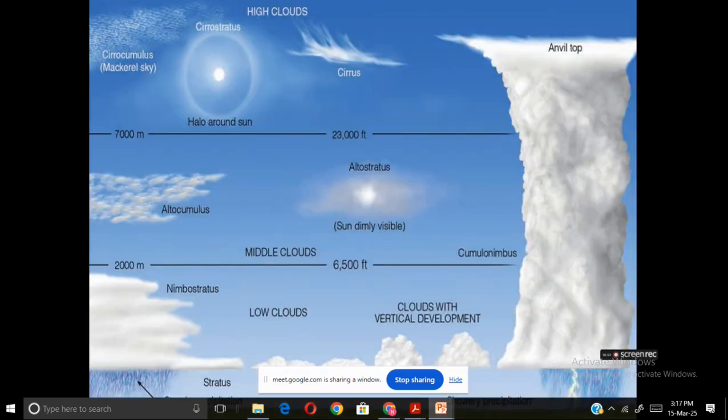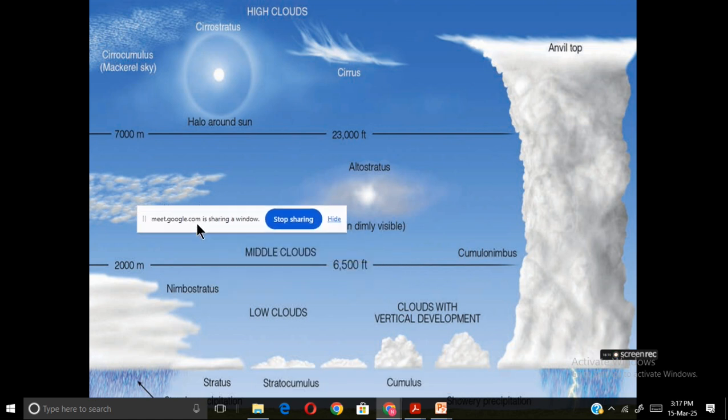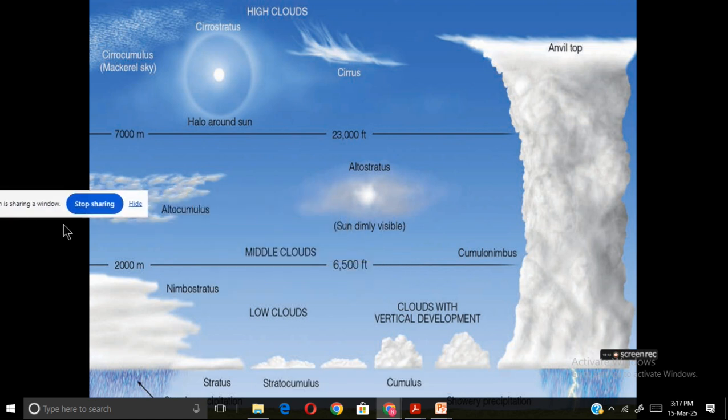So here we can see the low level clouds, which are at a height of less than 2000 meters. Then at a height between 6500 and 23,000 feet, we have altocumulus and altostratus, and the high clouds are cirrus.